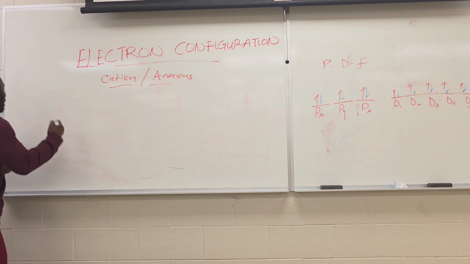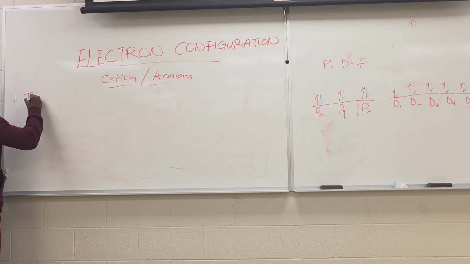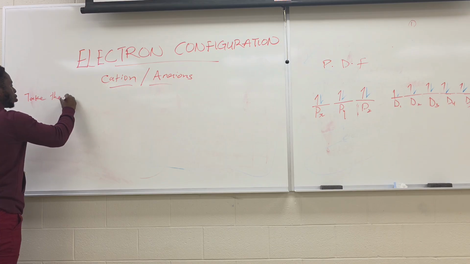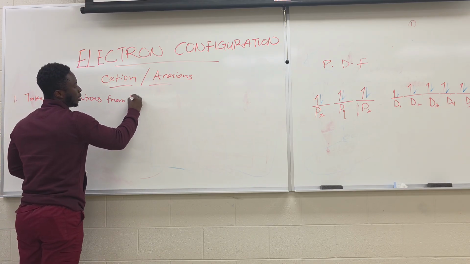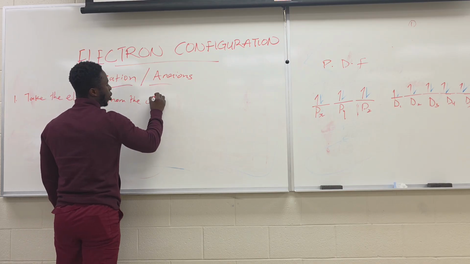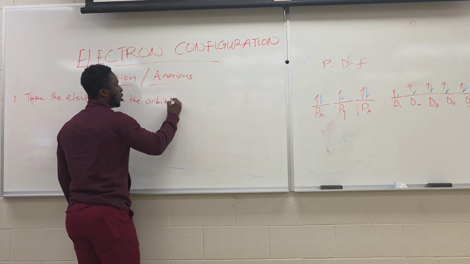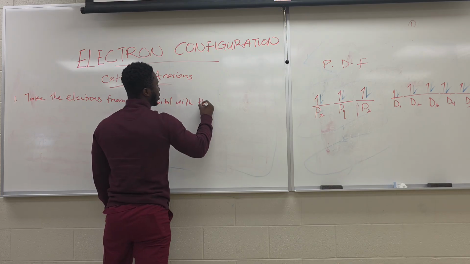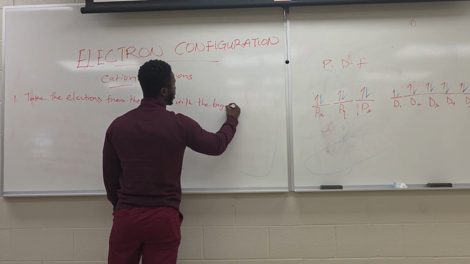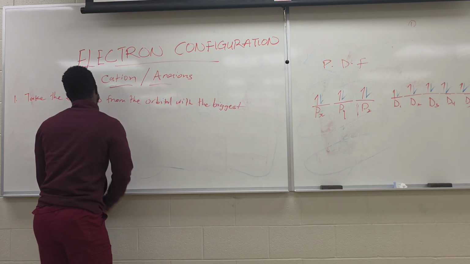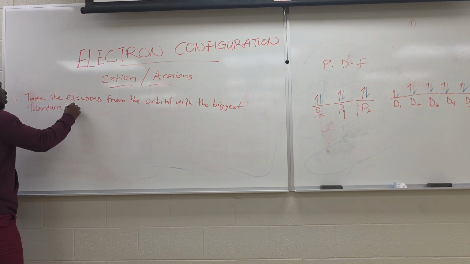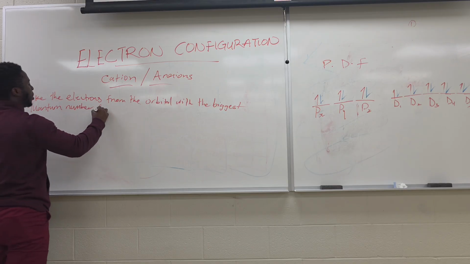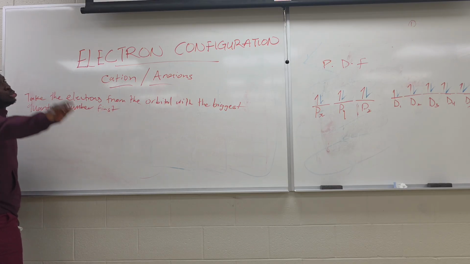So if an atom is losing electrons, how is it done? The first rule is to take the electrons from the orbital or subshell with the biggest or largest quantum number first, before you move on to any other one.